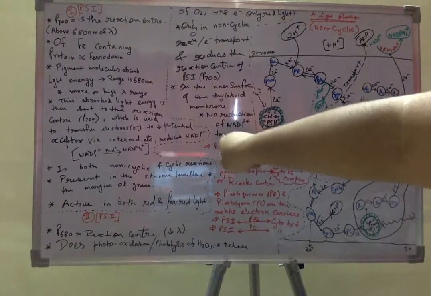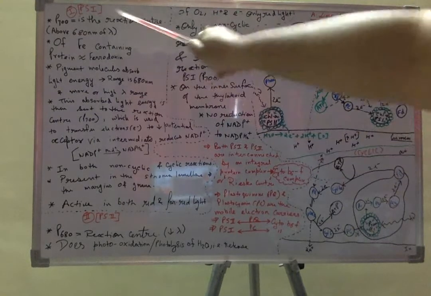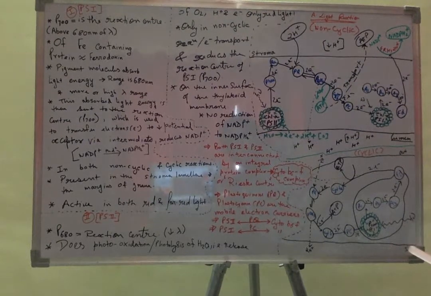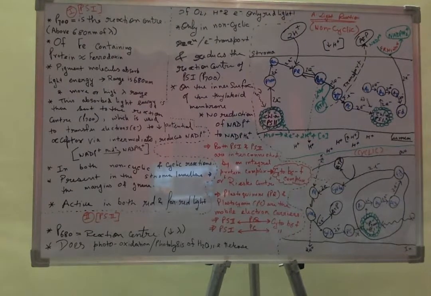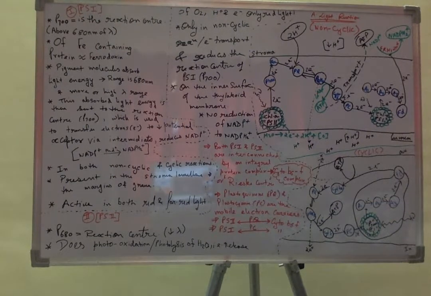So NADPH2 plus is the first assimilatory power which is synthesized only in case of PS1. This is very important: PS1 is involved in the synthesis of one of the most important assimilatory powers, NADPH2 plus, by the reduction of NADP plus with the help of electron flow.